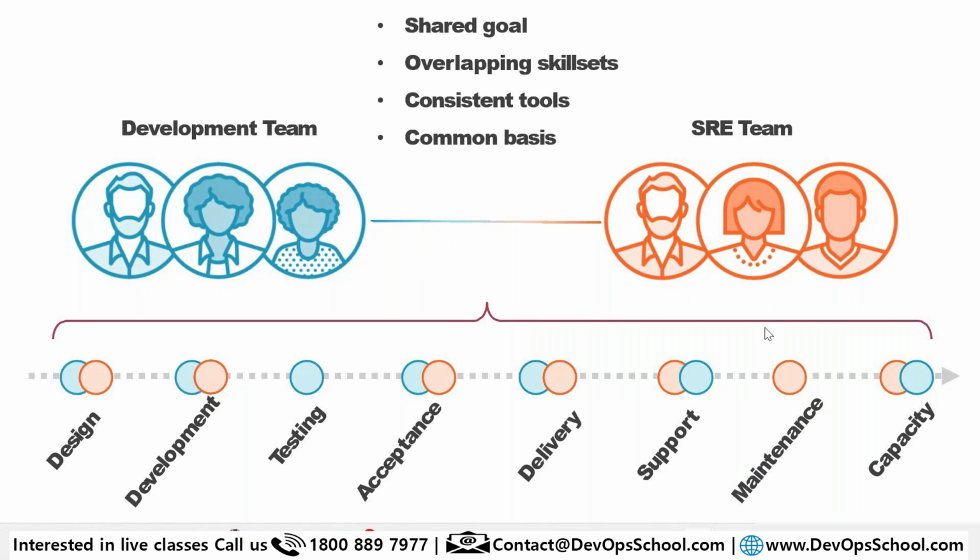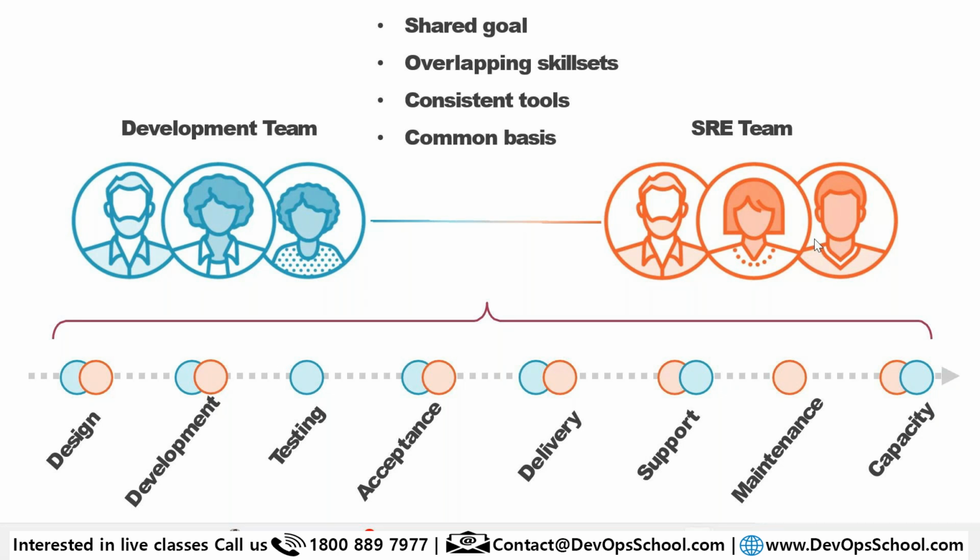DevOps became very popular in software, and lean has been used in the manufacturing industry. The same pipeline concept was initially introduced in the manufacturing industry. That means you manufacture the goods at a very high speed in the pipeline. That same concept has been applied through DevOps in the software organization.